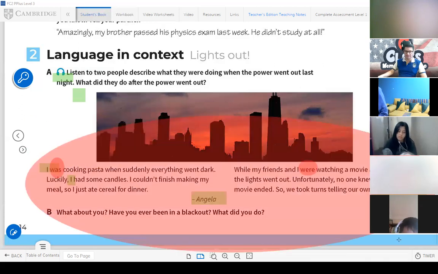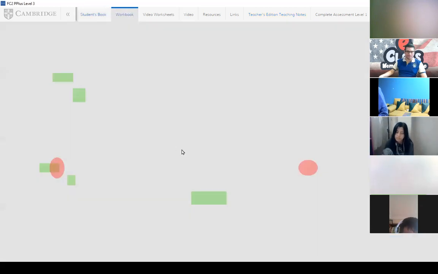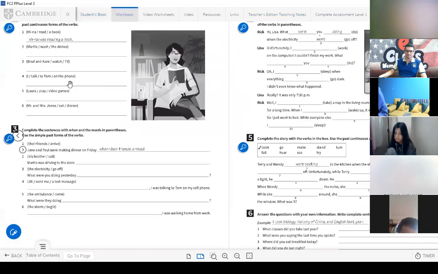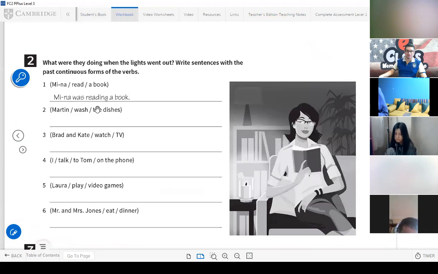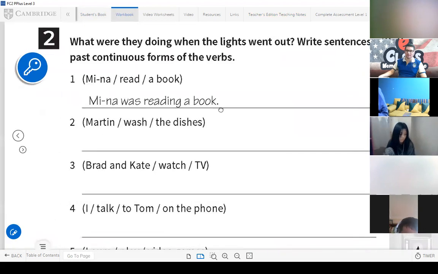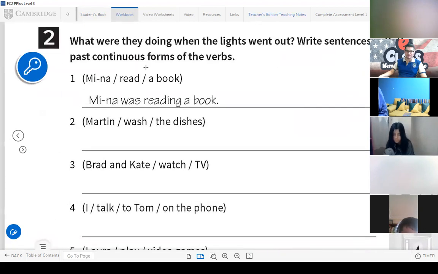Entonces te vas a guiar de aquí para poder desarrollar estos ejemplos, ¿ya? Entonces ahí vas a formar oraciones, ¿no? Entonces fíjate bien aquí. Cuando hablas de Mina, ¿será singular o plural? Mina, una sola persona. Singular. ¿Qué utilizas? Was. Pues entonces le agregas was, le añades was. Ahí está, ¿no?